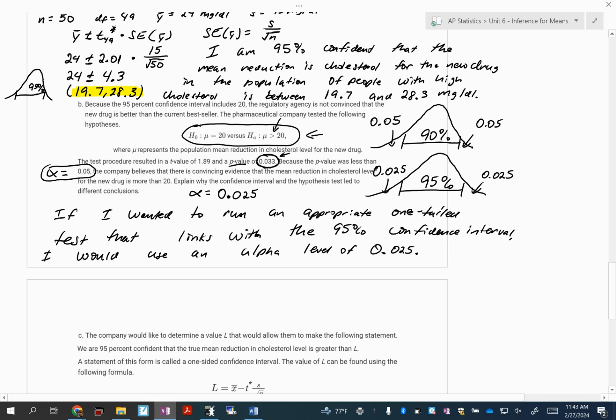All right. And if I use an alpha level of 0.025, basically that p-value of 0.033 being above my alpha level of 0.025 would actually lead me to the same conclusion as part A, where you're not able to reject 20. All right, so a couple ways to try to explain part B.